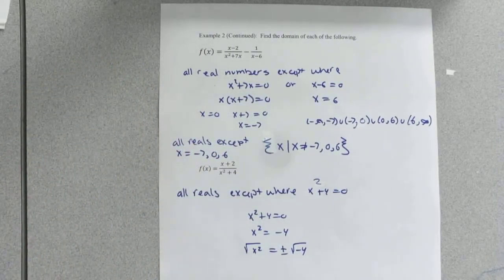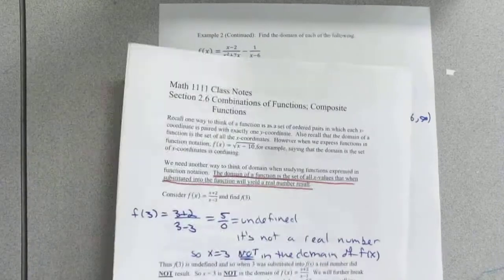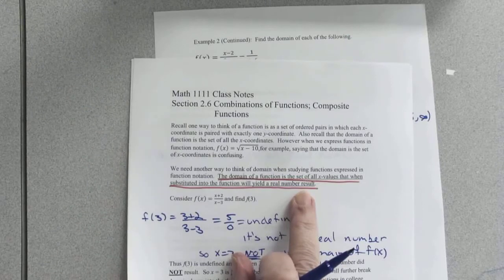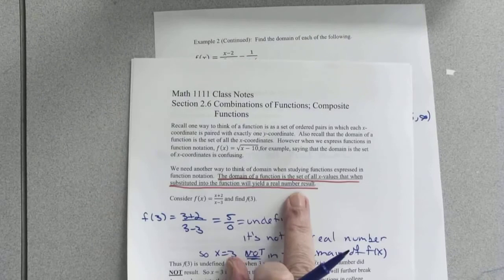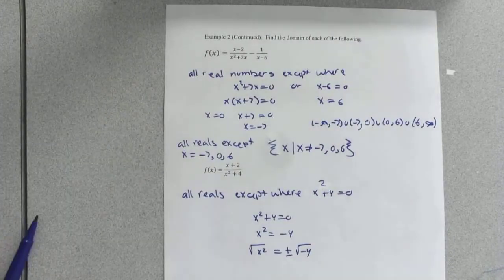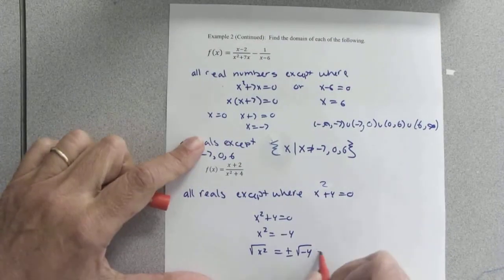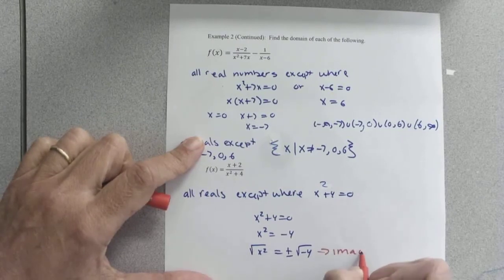And then you also have to remember that I said, in one video somewhere, that when we're doing graphical ideas and functions, we are not going to use imaginary numbers. Then I also said right here, the domain is a set of all x values that when substituted into the function will yield a real number result. Right here, this is imaginary.